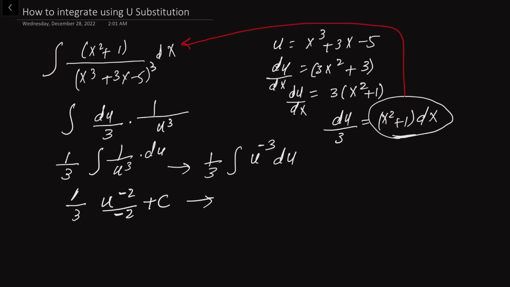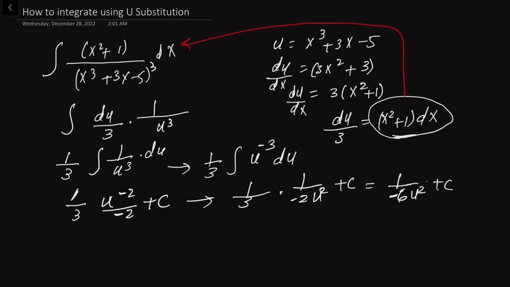That equals 1 over 3 times 1 over negative 2 u squared plus c, which equals 1 over minus 6 u squared plus c.